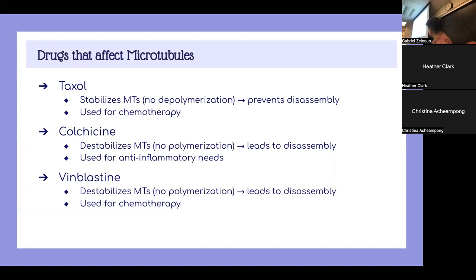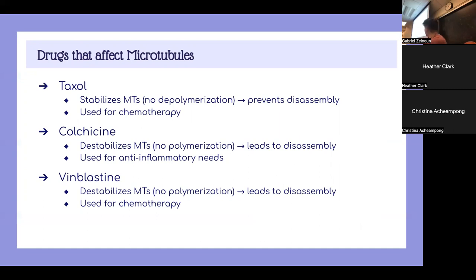Taxol is the first of them, and it will stabilize the microtubules and prevent depolymerization. This one is used in a variety of chemotherapy treatments. Colchicine does the opposite, as does vinblastine.